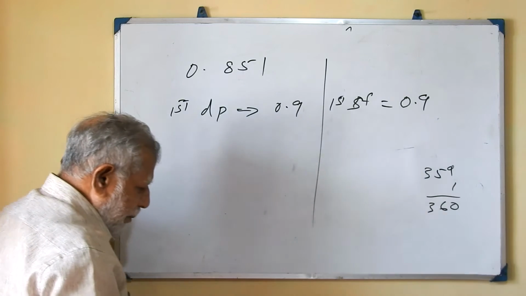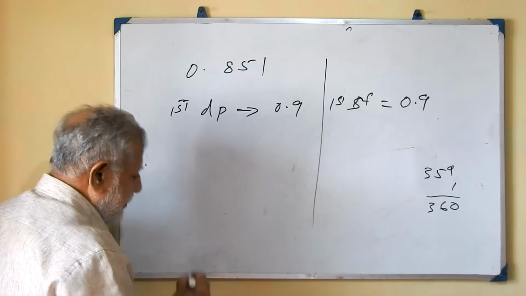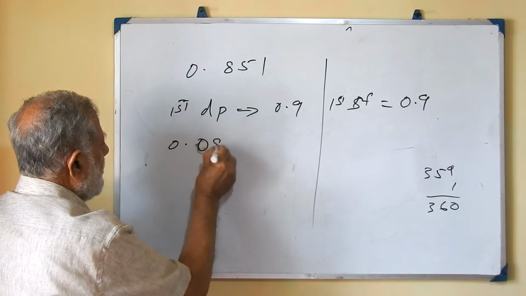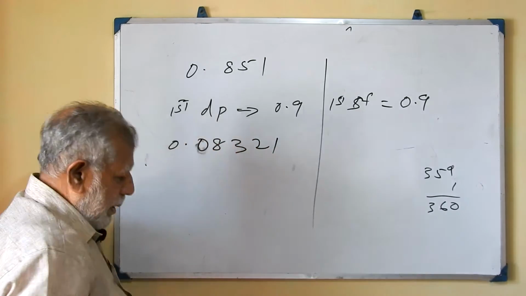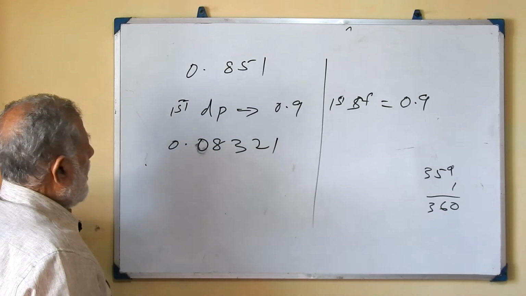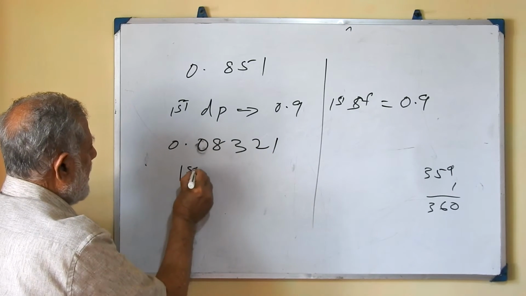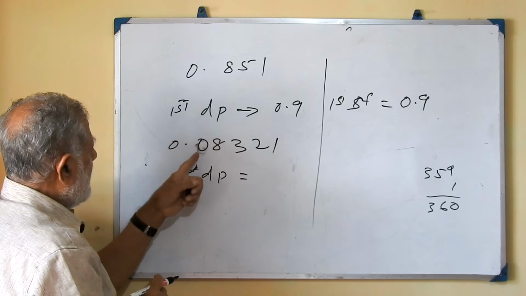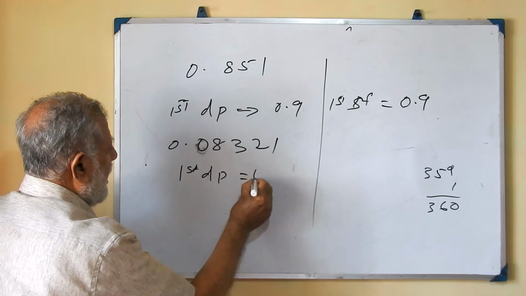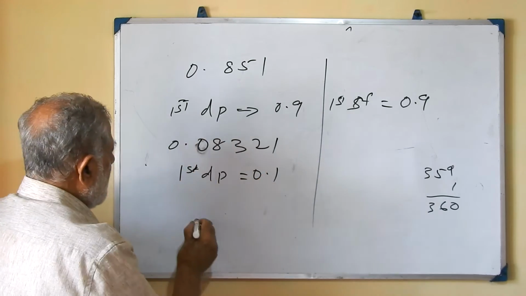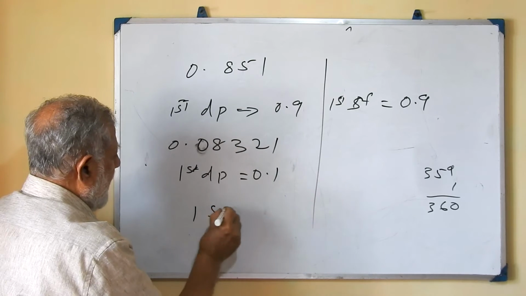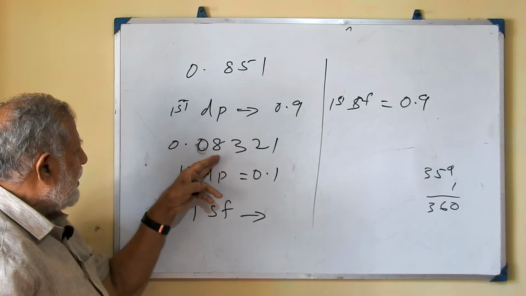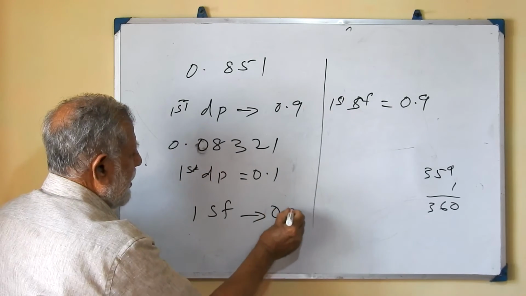Look at this one, 0.08321. The first decimal place will be 0 here, so you have to add 1 to this, 0.1. For the first significant figure, we can't take these two zeros. So 8 is the first significant figure. So the answer is 0.08.